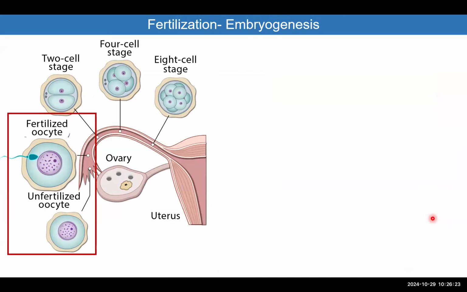So why is this important? Because in the process of generating transgenic animals, we have 2 or 3 different methods that we can use. And each of these methods depends on when you are going to start the transgenesis.